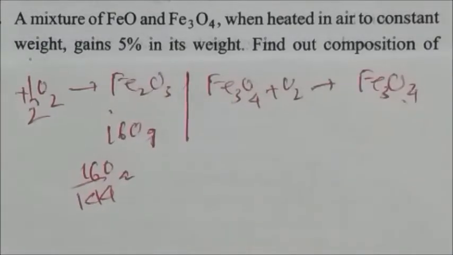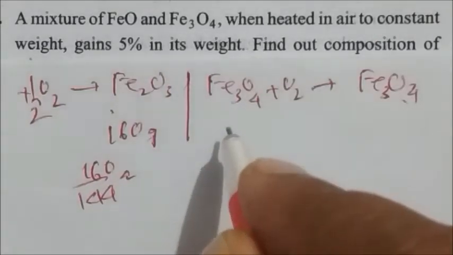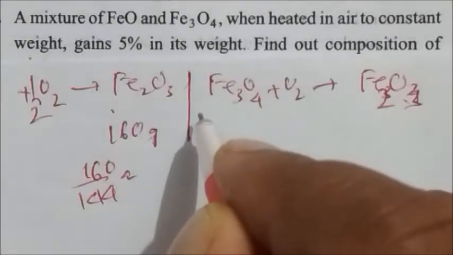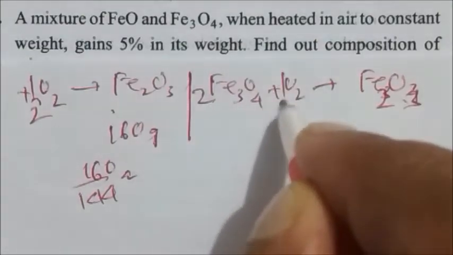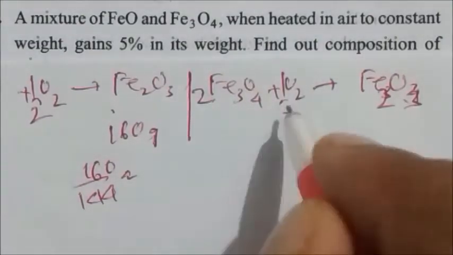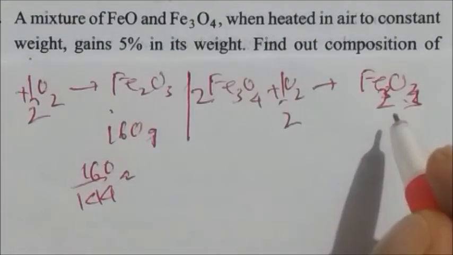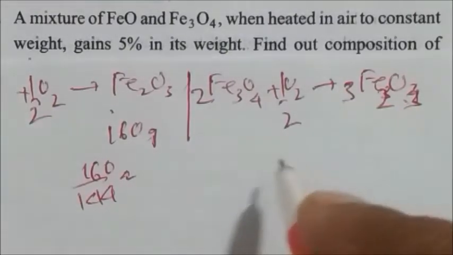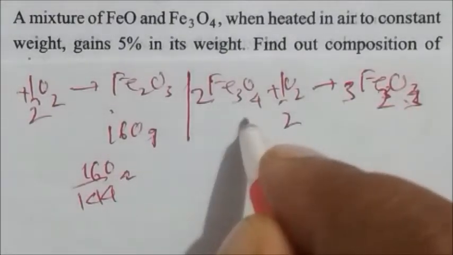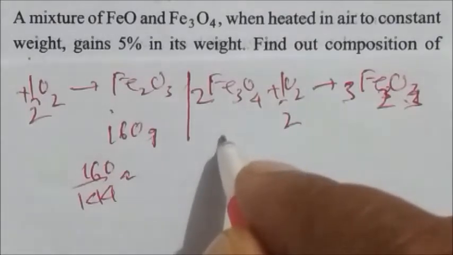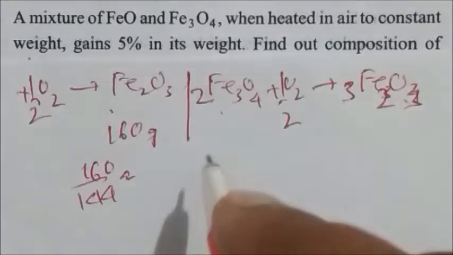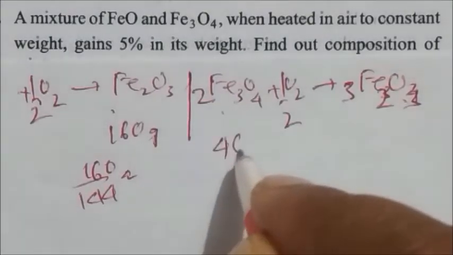Similarly, in this case, this is Fe3O4, this is Fe2O3. On balancing, this becomes 2, this becomes half, and this becomes 3 Fe2O3. Now what is the total molar mass? On solving, the molar mass of Fe3O4 for 2 moles will be 464 gram.